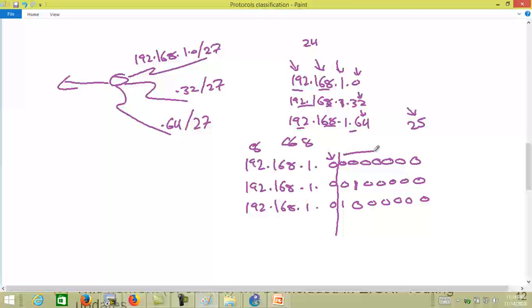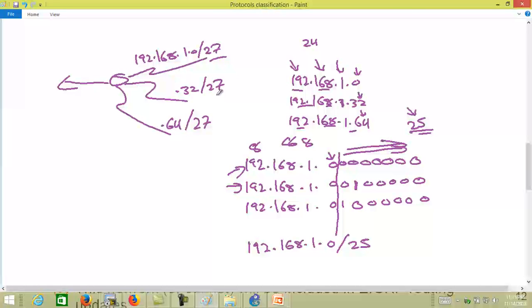Now with everything to the right, you turn it into 0 and then convert back to decimal. So if we turn everything into 0 and convert back to decimal, we'll have 192.168.1.0, because if you convert everything to the right, it will be all zeros, and then you take the record of /25.